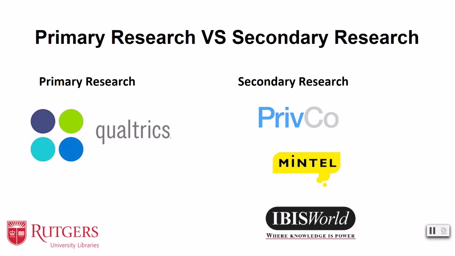With secondary research, databases such as Privco, Mintel, and IBISWorld collect the information for industry, market, and consumer data, and they publish this information. And a lot of the information and reports that they publish, many organizations around the world pay top dollar for.